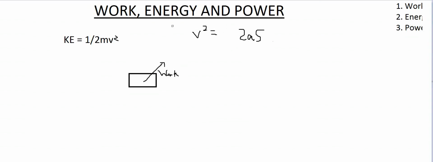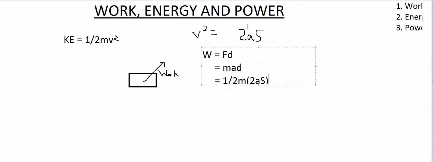So work done equals force times distance, which is equal to ma times the distance, which is equal to half m 2as.